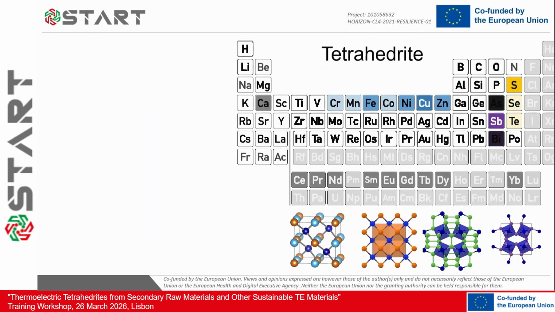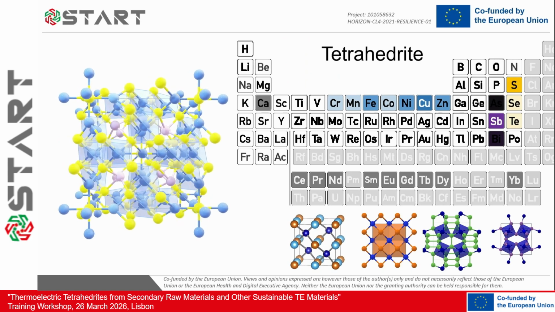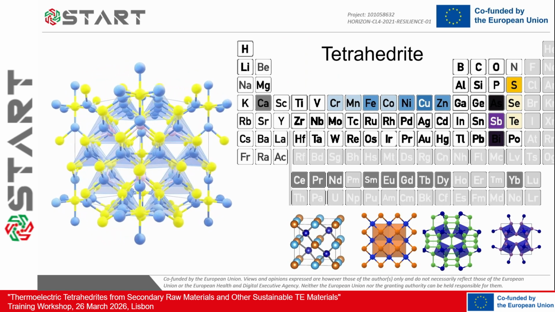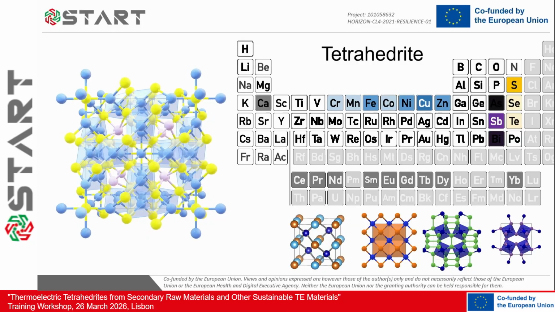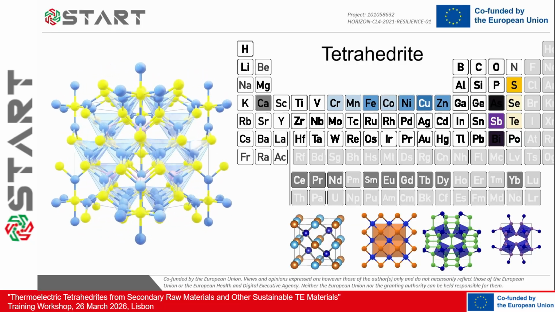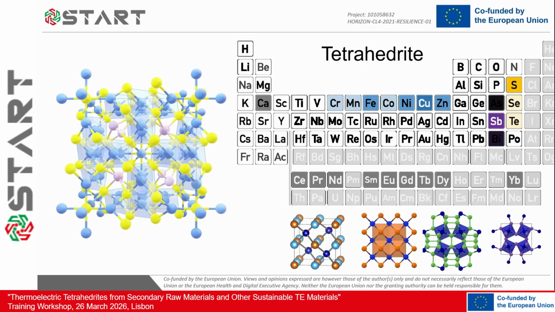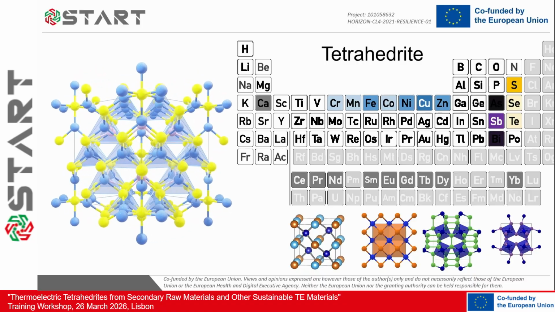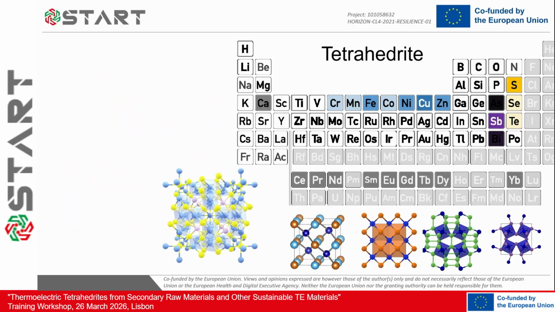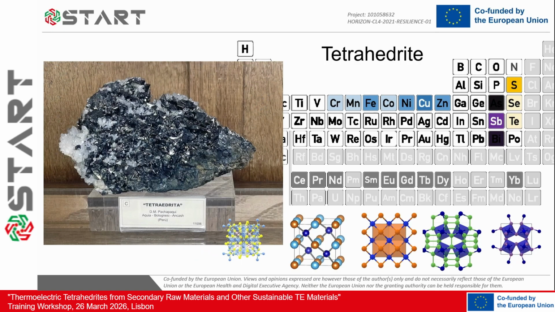Another case that we have heard about today is the tetrahedrite. The crystal structure here is quite complex, but there is a quite specific thing about tetrahedrites: we can obtain them naturally. It occurs naturally, and we can hypothetically use it directly to make our thermoelectric device. This is an example from a museum.